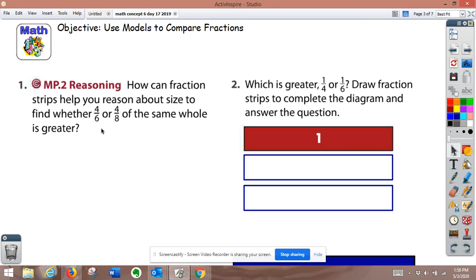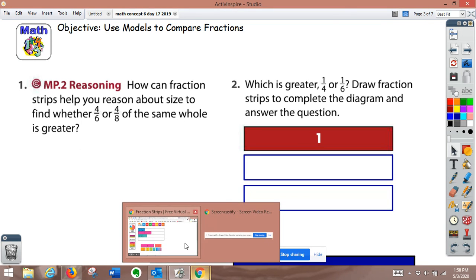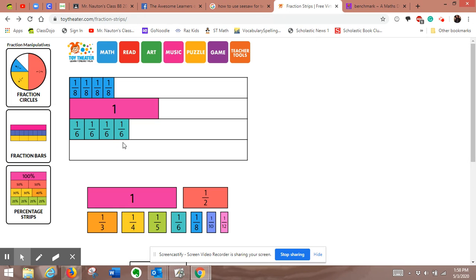Whether 4/6 or 4/8 of the same whole is greater, is more. Well, we can see that 4/6 is greater than 4/8. 4/8 is back here. 4/6 is up here. It's greater, more parts of the whole than 4/8.